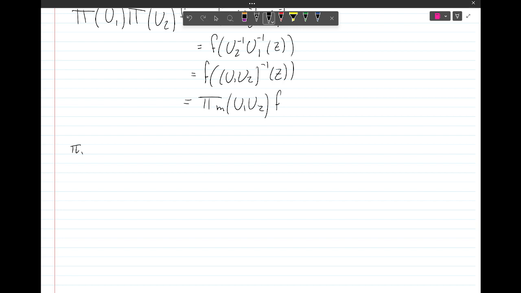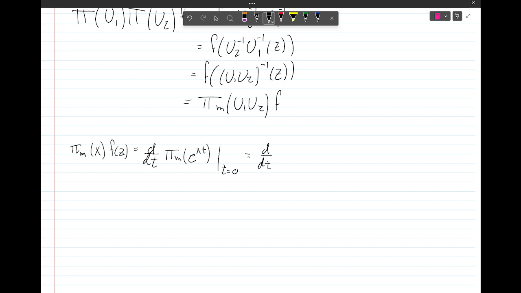So remember, the Lie algebra homomorphism that I'm going to call lowercase pi m of x, let's say, acting on f of z is equal to the derivative of the homomorphism of the exponential evaluated at 0.